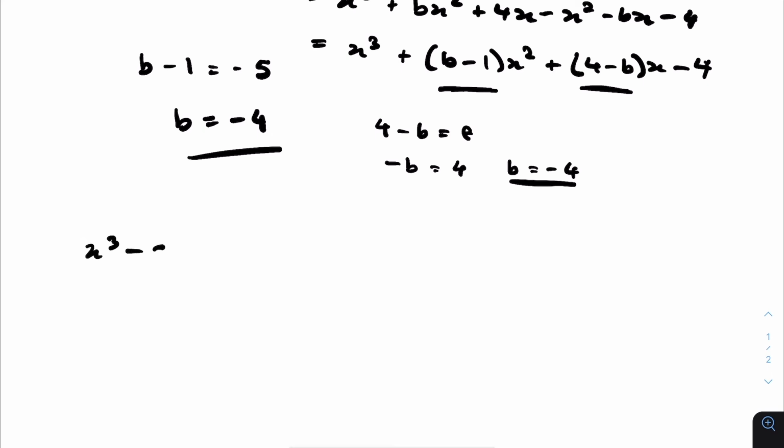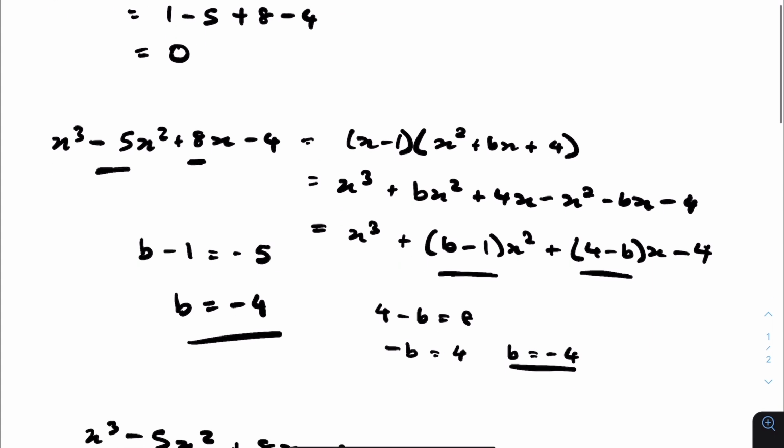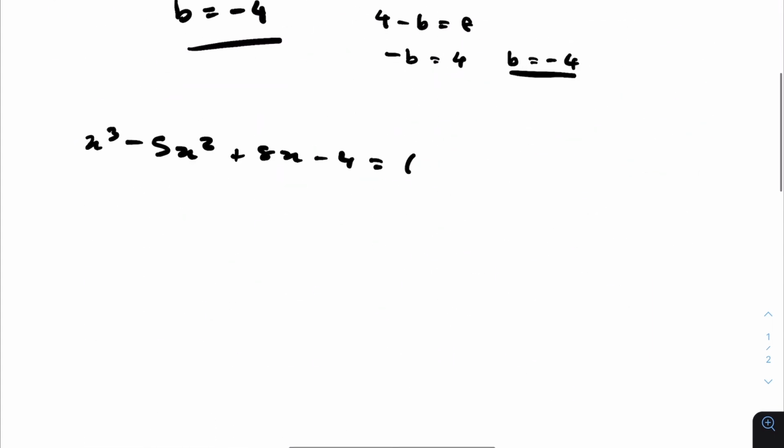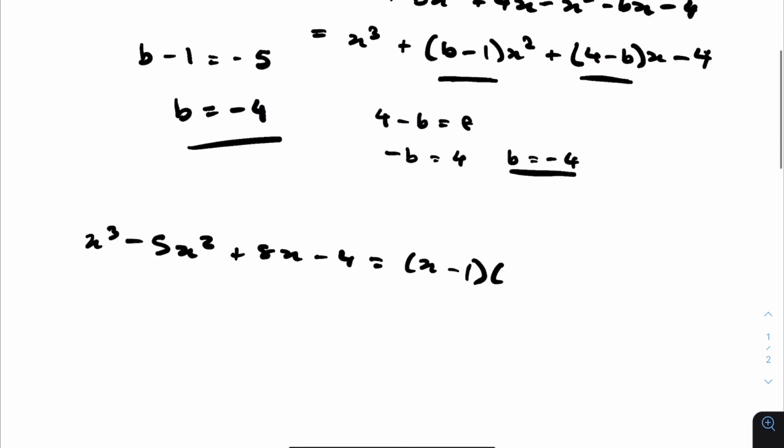So if we're writing this out, x cubed minus 5x squared plus 8x minus 4 is equal to, well, our first factor is x minus 1, times, and then if we substitute our value of b, we get x squared minus 4x plus 4.